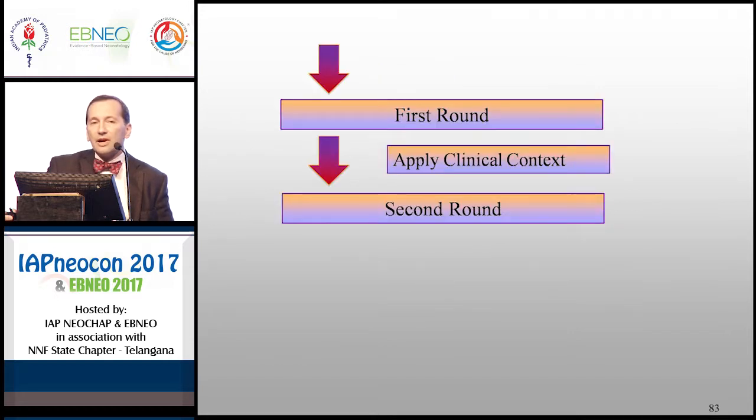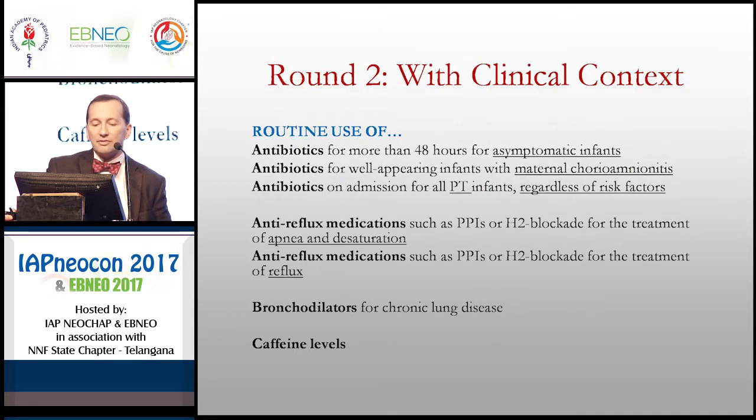In the second round, we applied clinical context, so rather than just talking about antibiotics, we talked, for example, about antibiotics for more than 48 hours for asymptomatic infants, or anti-reflux medications for treatment of apnea, etc.